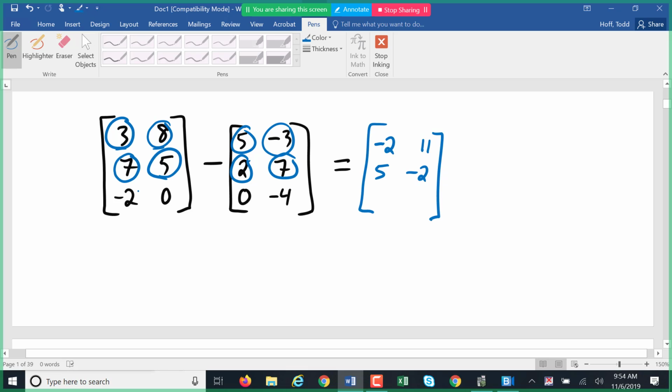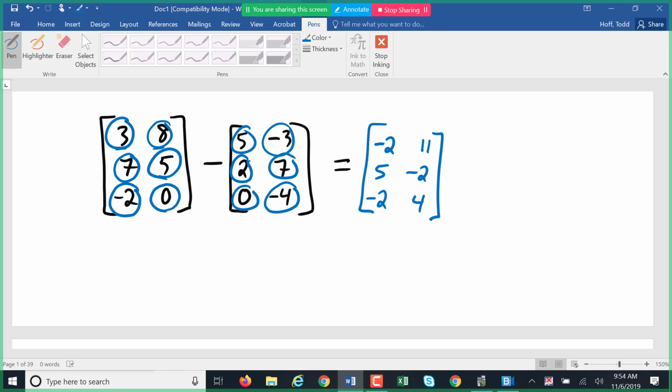Moving down to row 3. Row 3, column 1, we have negative 2 minus 0. That's just negative 2. And row 3, column 2, we have 0 minus a negative 4, which is positive 4. So that is the difference of those two matrices. Subtracted the matrices. Now you can see from this that addition is about just as simple.